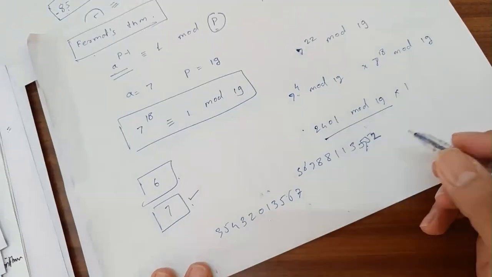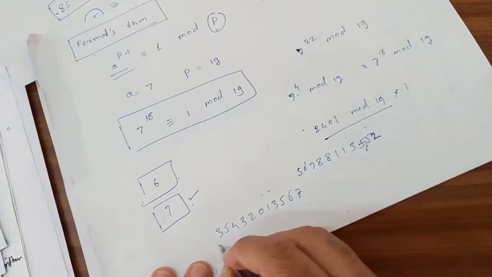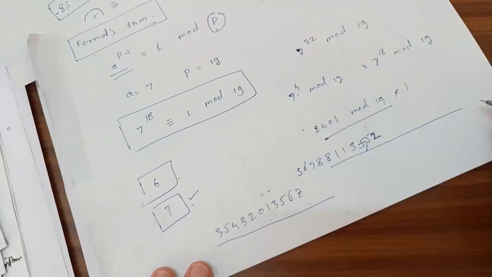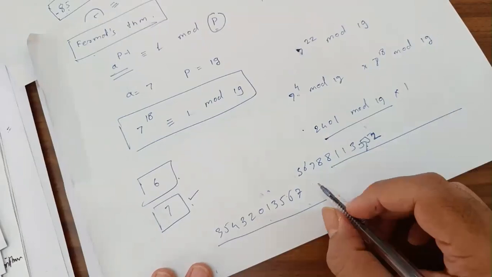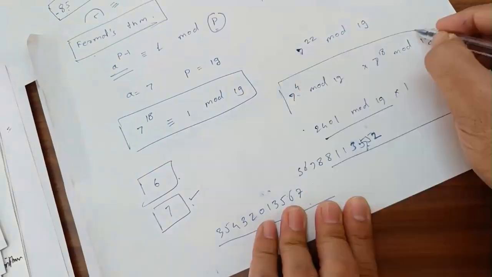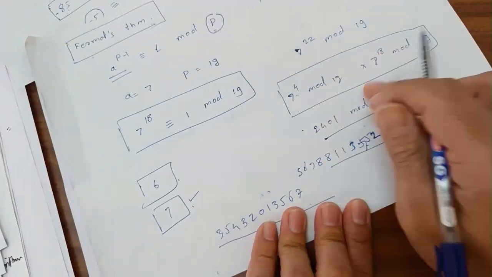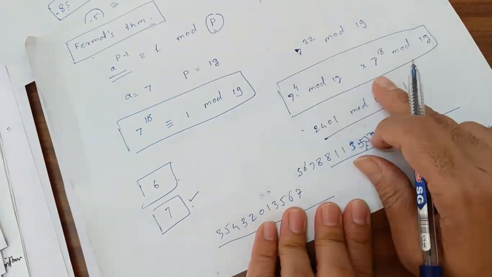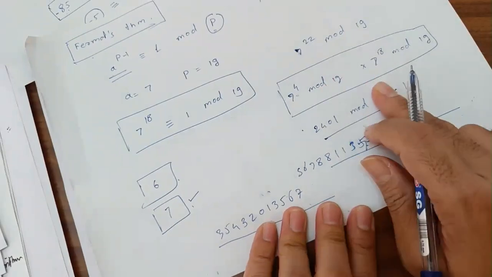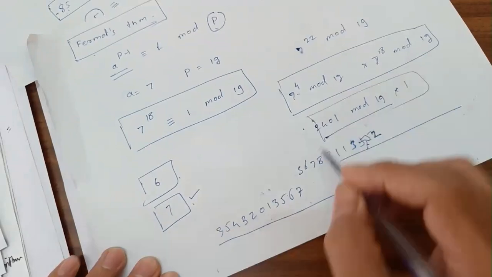So how to calculate this? Even the computer, let's consider these are 100 digits, these are 200 digits or something like that. So even a computer cannot directly work on this. A processor also has to split it into problems like this, so that it can calculate the values in this way.